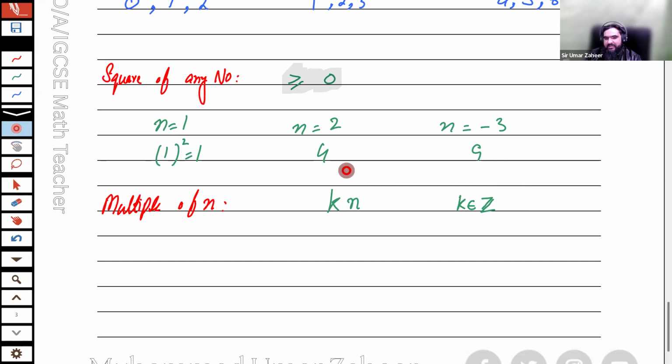The multiple means you multiply n by any value, and you will get the answer. Any question till here? No, sir.